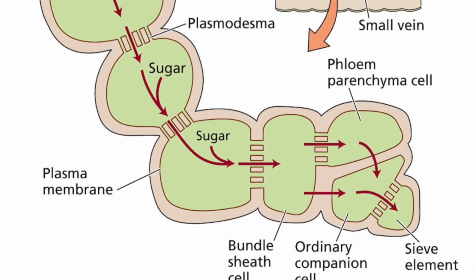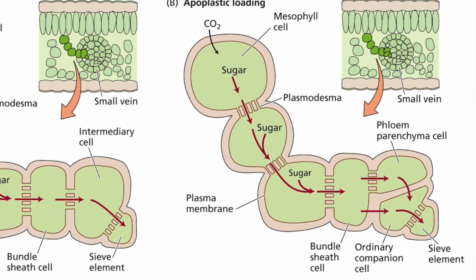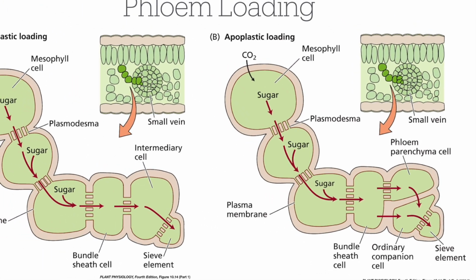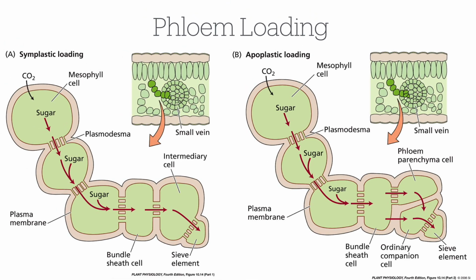And then by a mechanism we'll describe in the next slide, there is an active loading process of sugars from that apoplastic region outside the ordinary companion cell into it. And then through plasmodesmatal connections between the ordinary companion cell and the sieve elements, the sugars are transported into the sieve element.